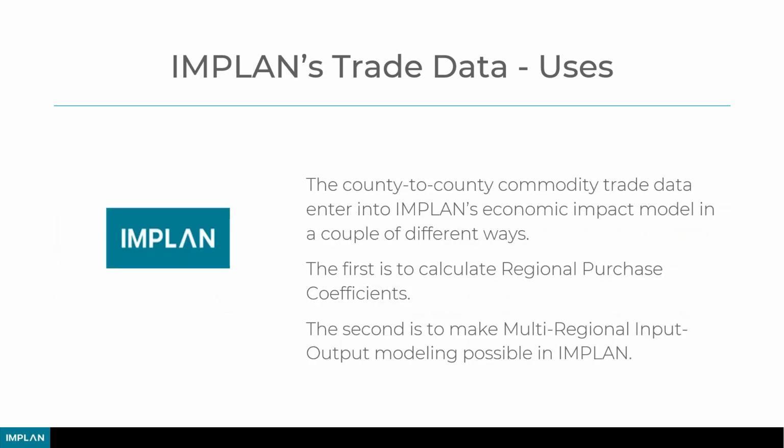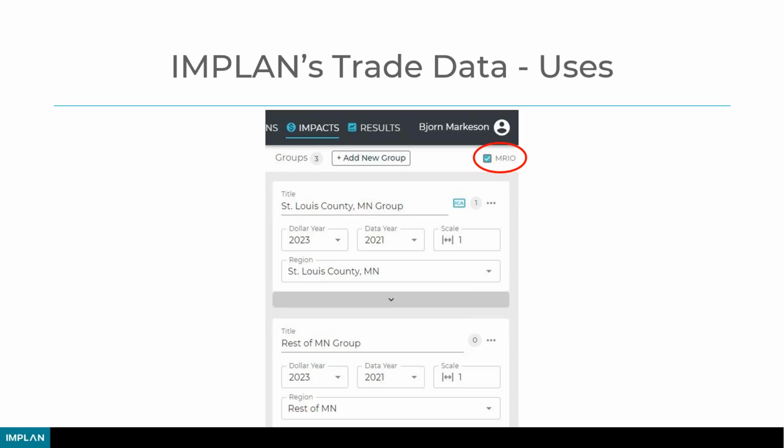The second way that IMPLAN makes use of this trade data, and that can be used by our users, is through multi-regional input-output modeling. I'm not going to go into the details of how to do MRIO right now, but just to touch on what the trade data allows for.